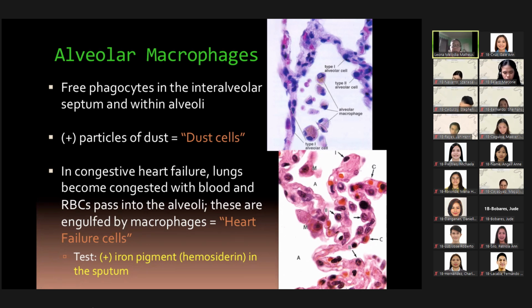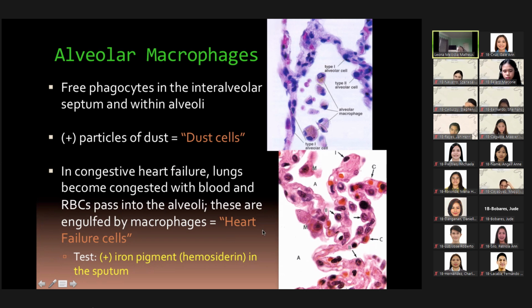And note that if you have what we call congestive heart failure, as I said, only if you have congestive heart failure, then the lungs become congested with blood, and red blood cells may pass into your alveoli. And there you go, your macrophages may engulf these RBCs, and then you call them your heart failure cells.